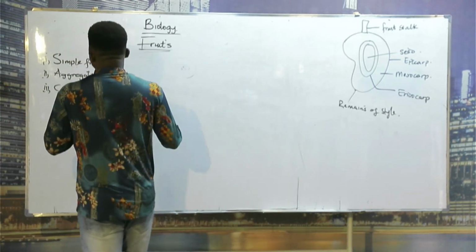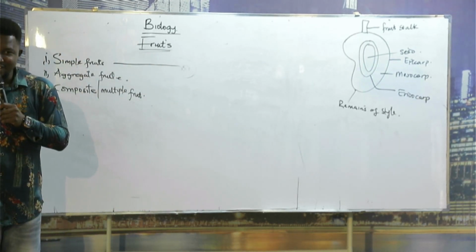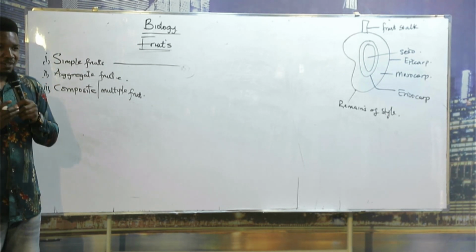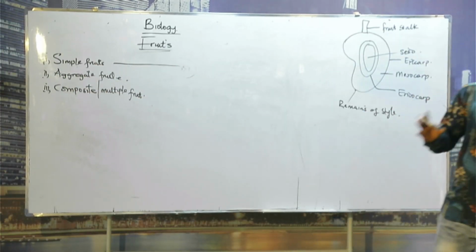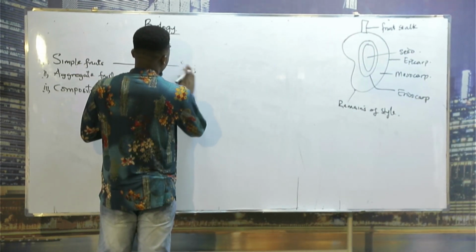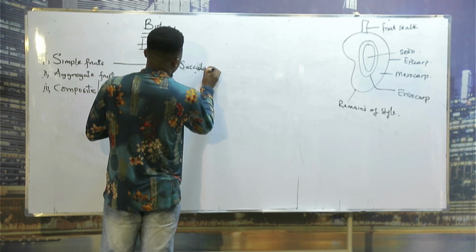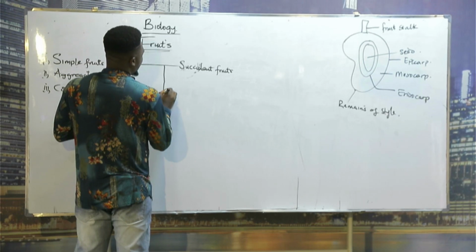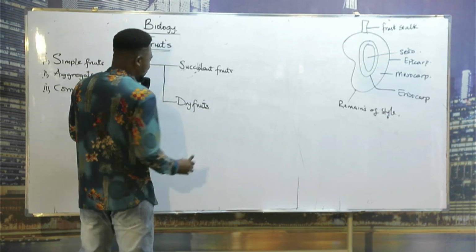Simple fruit is divided into 2: the succulent fruit and the dry fruit. Let's mention the succulent first.